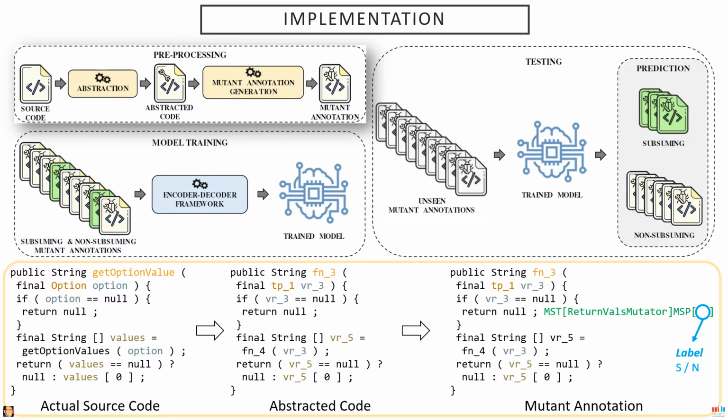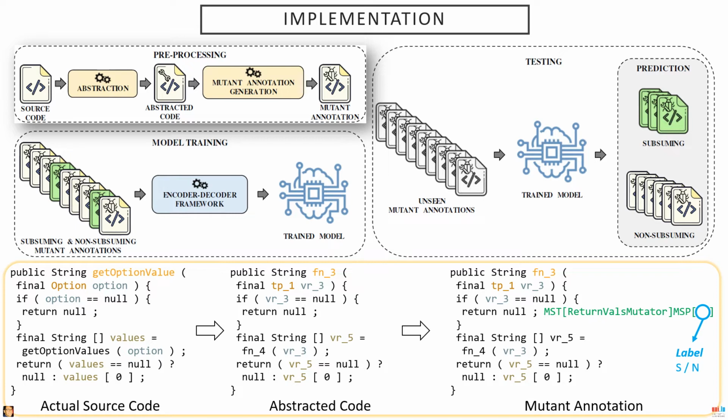To minimize the vocabulary required by the model to learn, we abstracted the original source code to remove all user-defined names. As we can see below, function name get option value becomes function underscore 3 or fn underscore 3. User defined type option becomes type underscore 1 or tp underscore 1, etc.